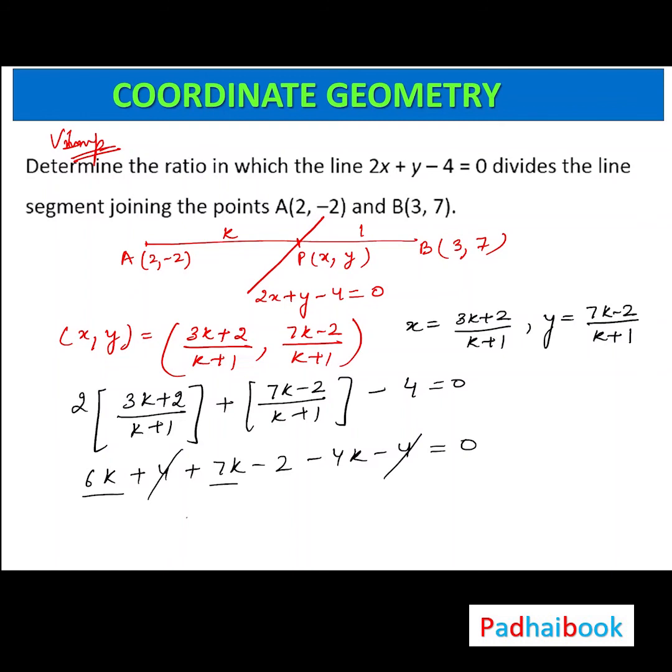After simplifying, it will be 9k - 2 = 0. So k is 2/9. So my ratio k is to 1 is 2/9 is to 1, so my ratio is 2 is to 9 internally.